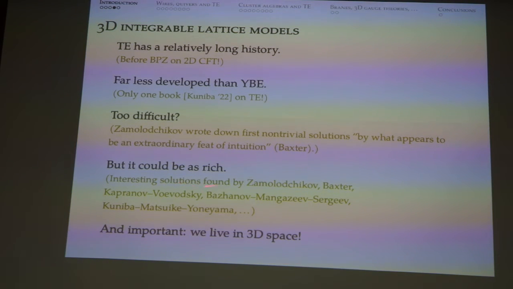Interesting solutions have actually been found by Zamolodchikov, Baxter, and others. And obviously, the tetrahedron equation is important because from a physics perspective, our space is 3-dimensional, so it makes sense to study 3-dimensional models. So from that physics perspective, it's also natural and very important to look at the tetrahedron equation.